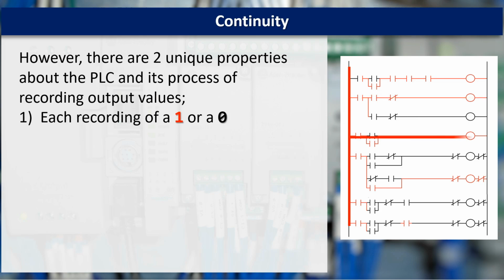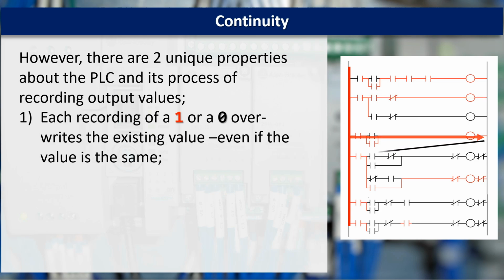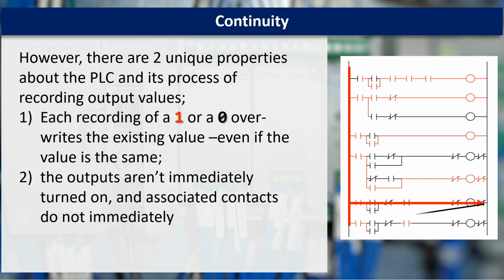One, each recording of a 1 or a 0 overwrites the existing value, even if the value is the same. And number two, the outputs aren't immediately turned on, and associated contacts do not immediately energize their outputs.